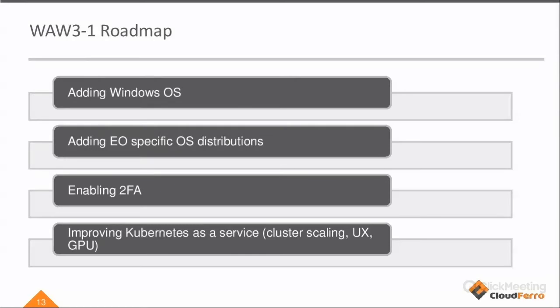And for the, let's say, immediate future, for the WAW3-1 cloud, we want to add in the near future, and by near future, I mean July or August, if something is more complicated than we think now, the Windows operating systems, so you can start Windows there. It's not available at this moment. We want to add those Earth observation enriched OSs again.